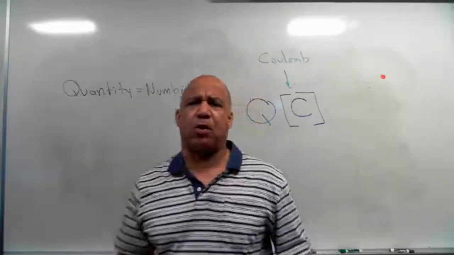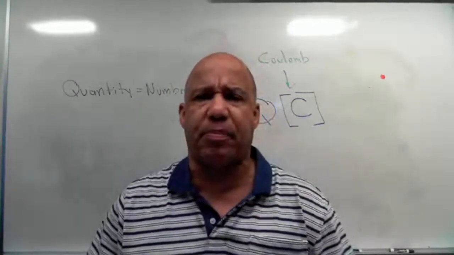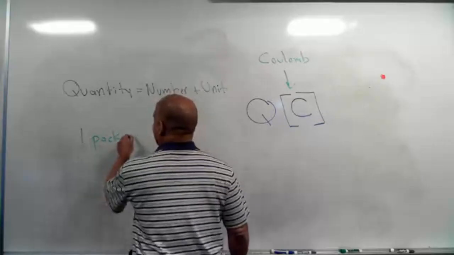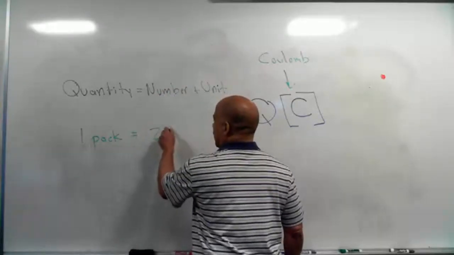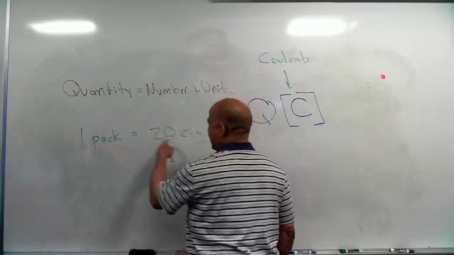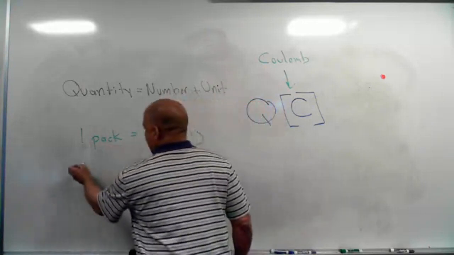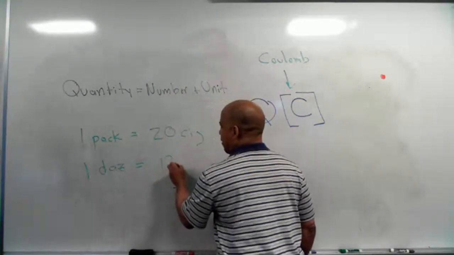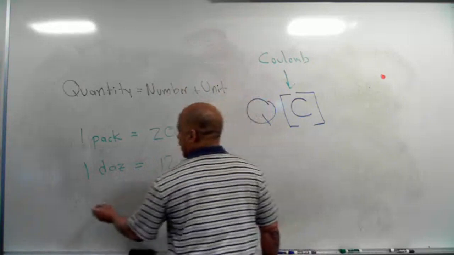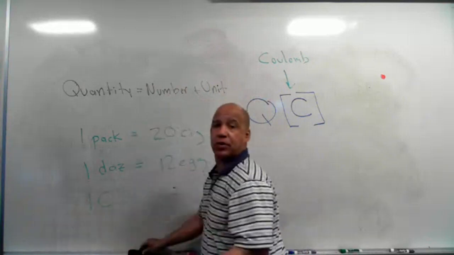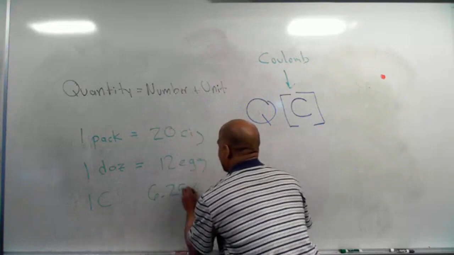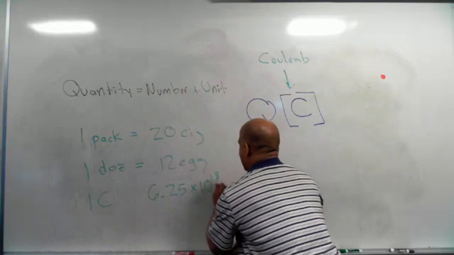I don't know if anybody smokes. Anybody smokes cigarettes? How many cigarettes are in the pack? 20. Okay. So one pack of cigarettes contains 20 cigarettes. 1 dozen eggs, that's 12 eggs. And 1 coulomb of charge contains 6.25 times 10 to the 18th electrons.